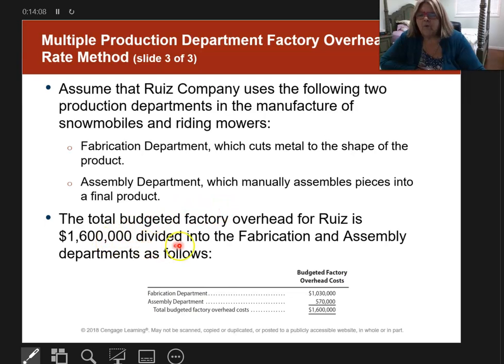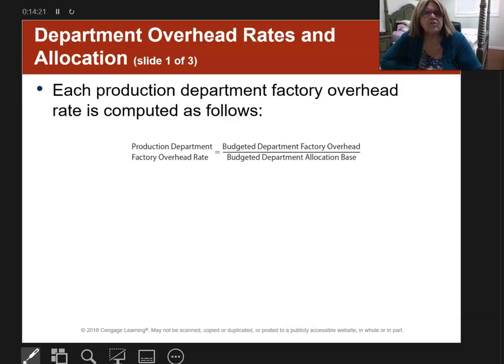So remember my 1.6 million of factory overhead, it's now broken down into different departments. My fabrication is 1,030,000 and my assembly is 570,000. So we're going to use the same formula, except the only change is it's the department: the budgeted department factory overhead divided by the budgeted department allocation base.